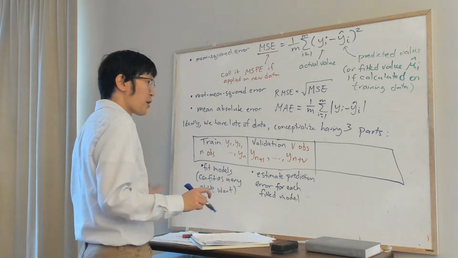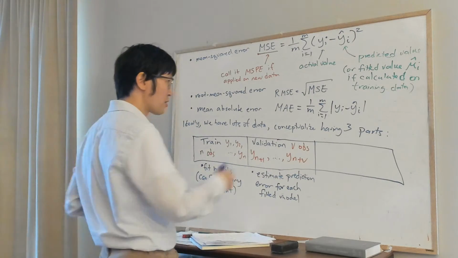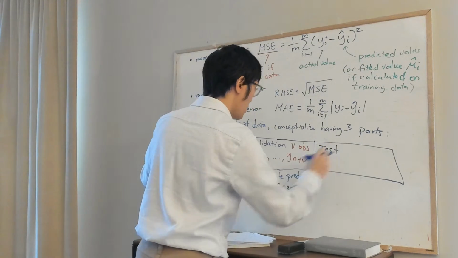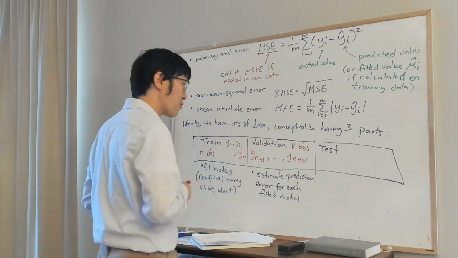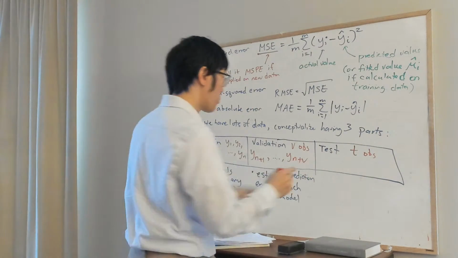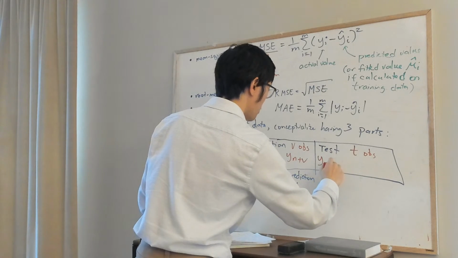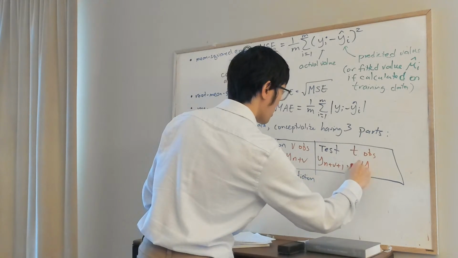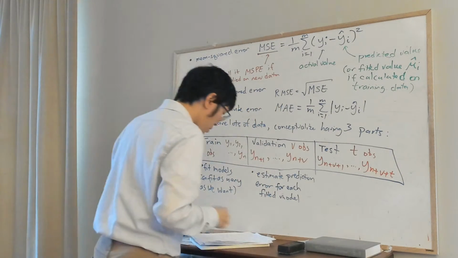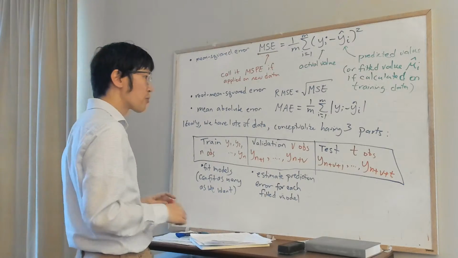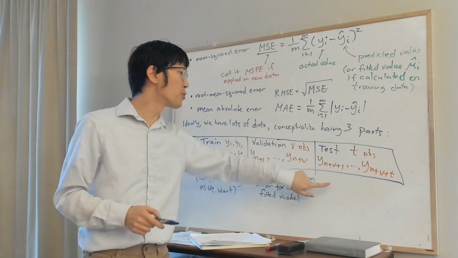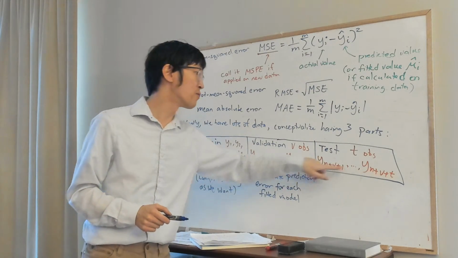Now, in the ideal case, in this conceptualization, the last piece is what we call the test set, or the test data. Let's say, for the sake of argument, we have t observations here, labeled y sub n plus v plus 1 up to y n plus v plus t. The key difference between the validation and test is that we assume we can't use any of this test data.